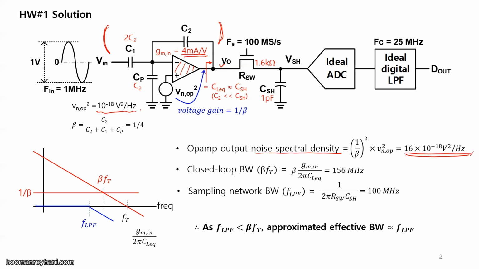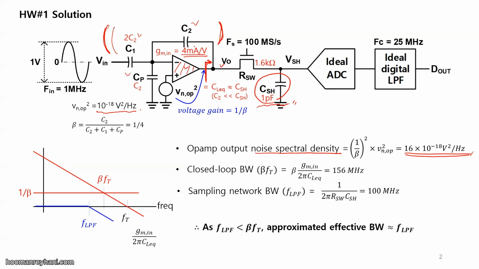Then also the given condition is like this: sample holder load is 1 picofarad, and all the other capacitors like these ones are much smaller than C sample holder. So the load seen from this side will be just C sample holder, right? So the unity gain frequency of this open loop amplifier configuration will be what? gm over C and 1 over 2 pi, right?